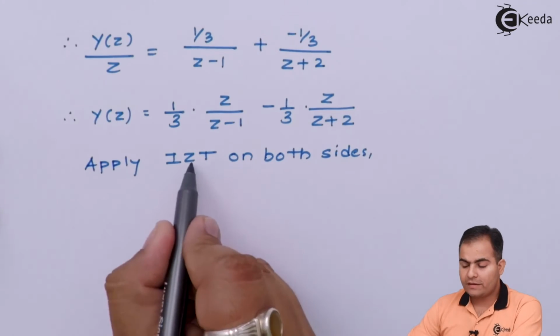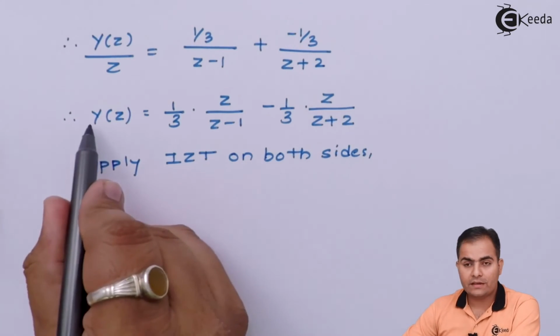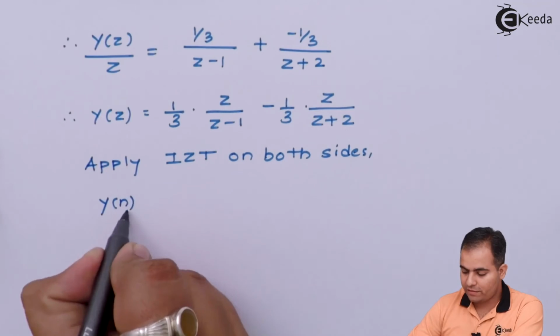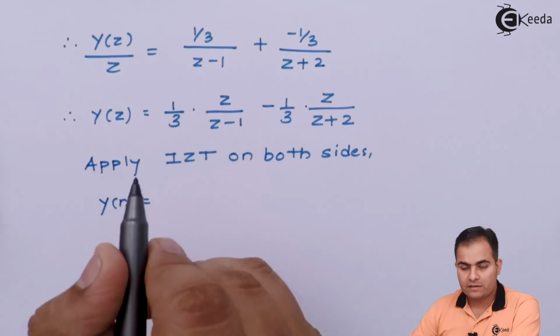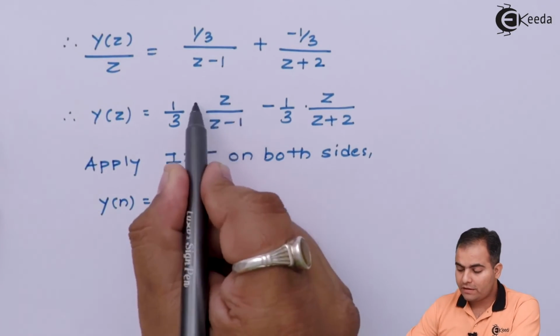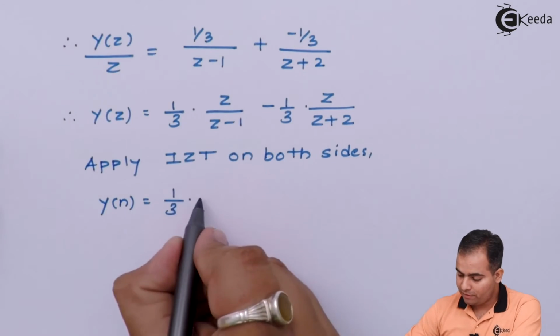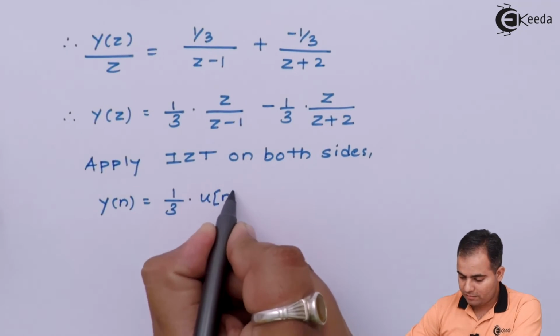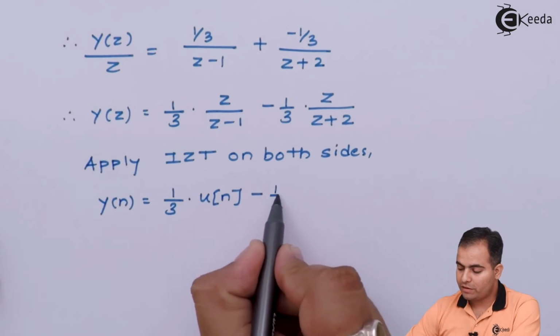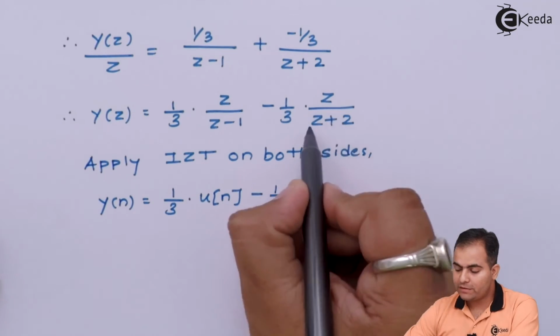Applying inverse z transform on both sides, the inverse z transform of Y(z) is represented by y of n. Now 1 by 3 is a constant, and the inverse z transform of z upon z minus 1, that we know, is nothing but u of n. Next one is a constant term, so minus 1 by 3 I have written first, then z upon z plus 2.